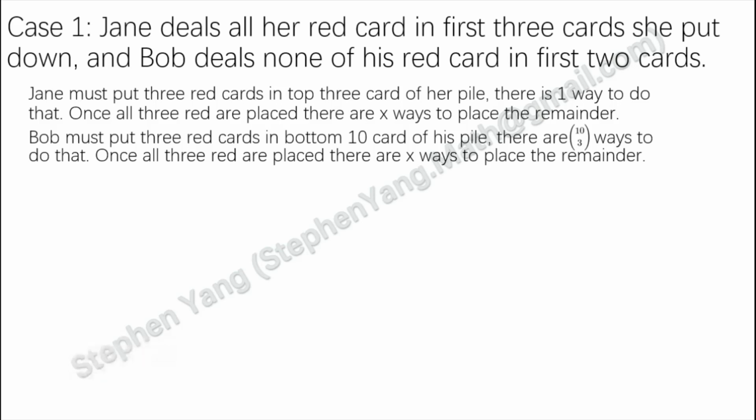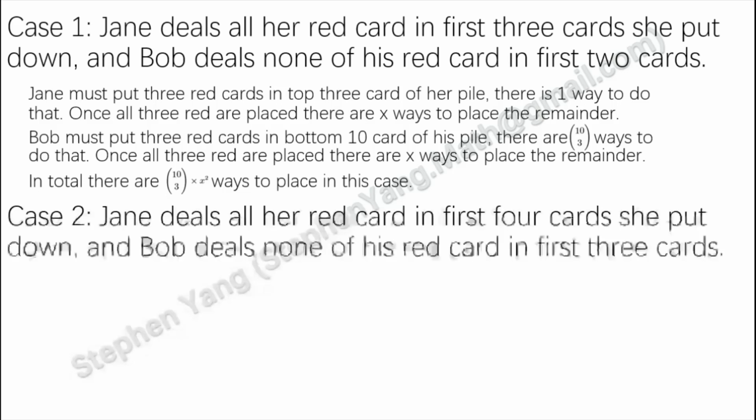And Bob must put 3 red cards in the bottom 10 cards of his pile. So there will be 10 choose 3 ways to do that. And once 3 cards are placed, there will be x ways to place the remainder. So in total, there are 10 choose 3 times x squared ways in this case.